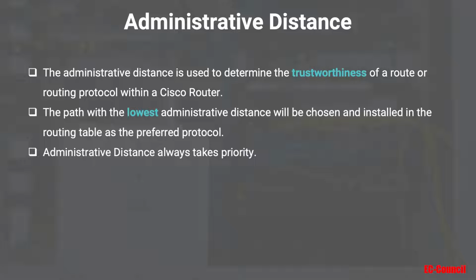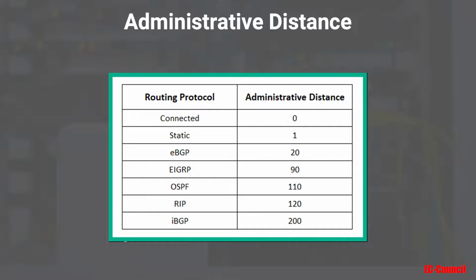So now let's take a look at the default administrative distance that is used on Cisco routers. So these here are the well-known administrative distances for each of these routing sources and routing protocols. A directly connected route has an administrative distance of 0, which is technically the highest in terms of priority value.